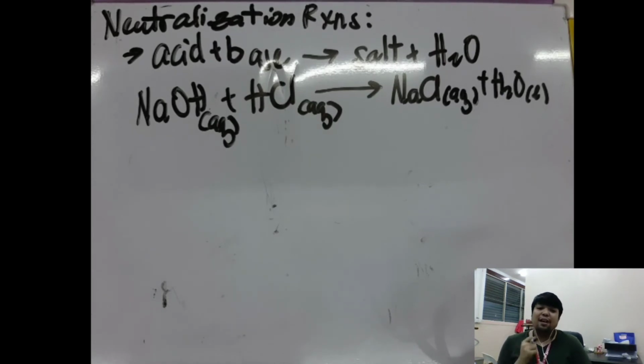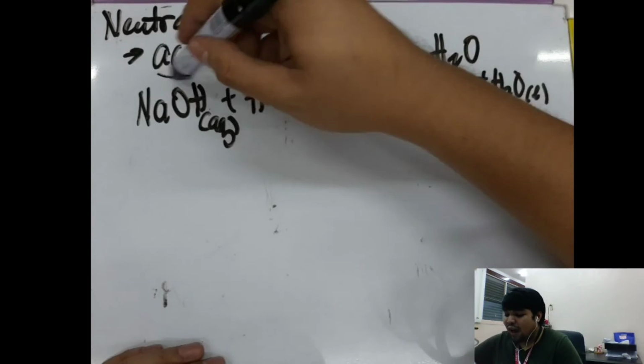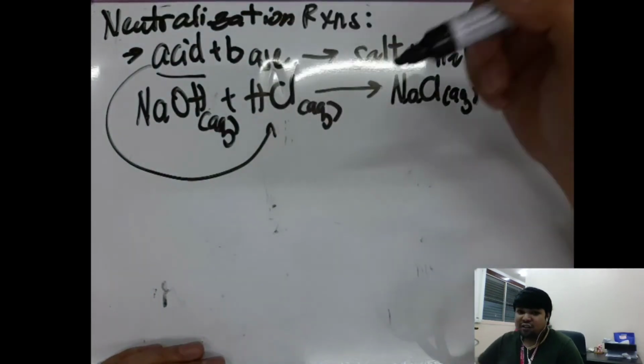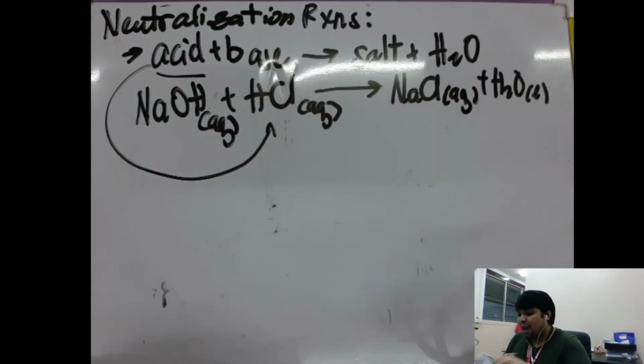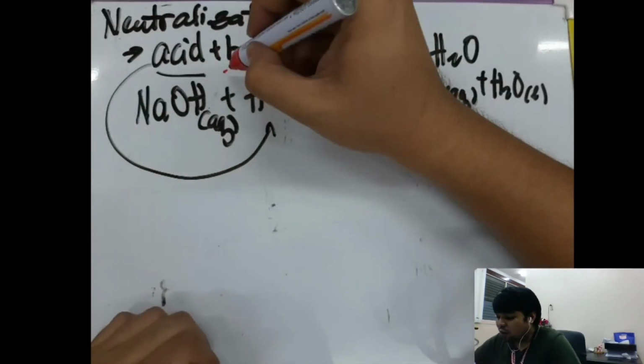We need first to identify which is the acid and which is the base. We have sodium hydroxide and hydrochloric acid. Obviously, the acid is HCl, while the base is sodium hydroxide.